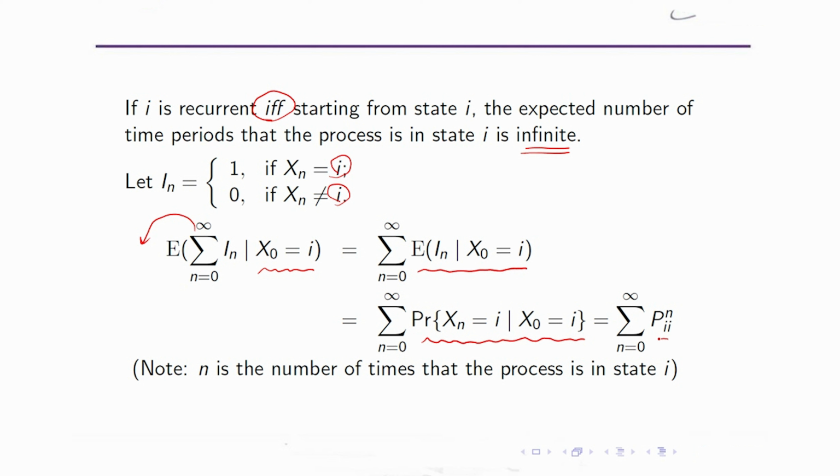Because if i is recurrent, we know P_ii^n must be some constant greater than 0. So the summation of one constant that is greater than 0 must be infinity. So we know that the expected number of times that the process is in state i will be infinite.